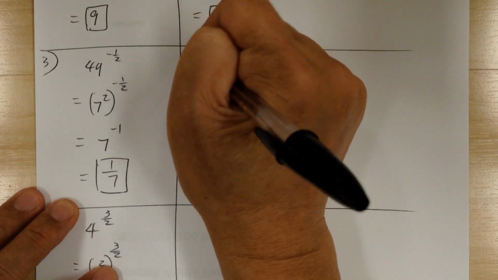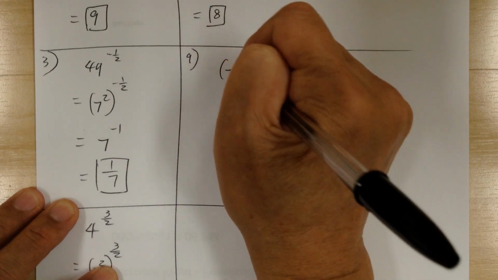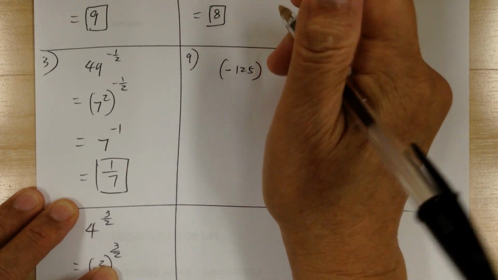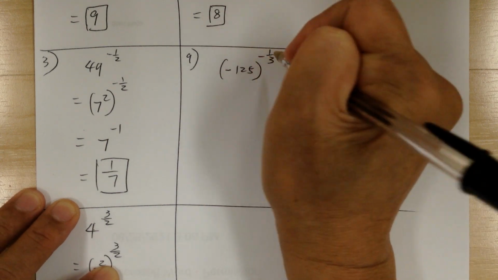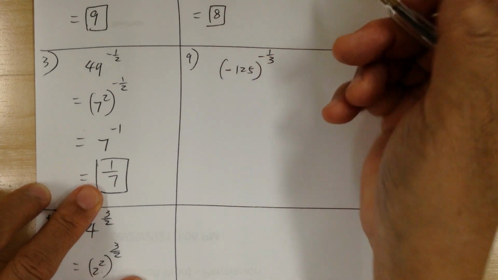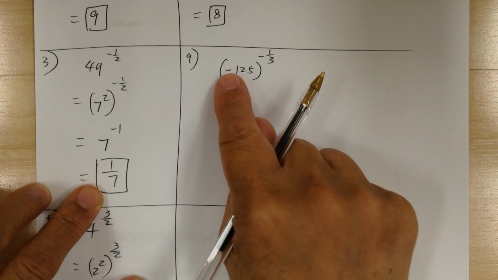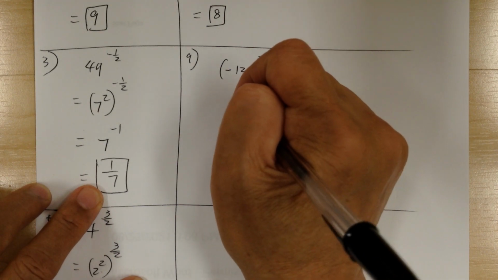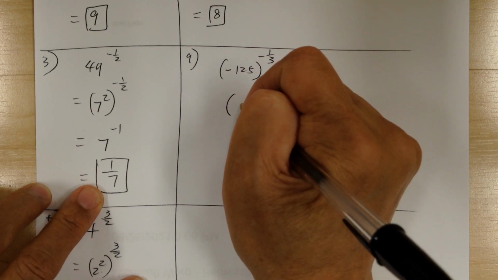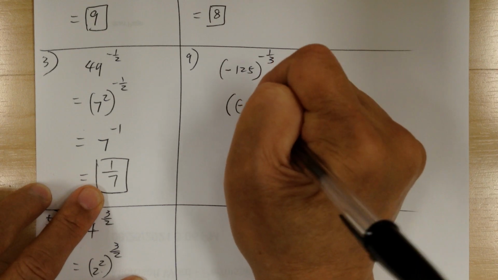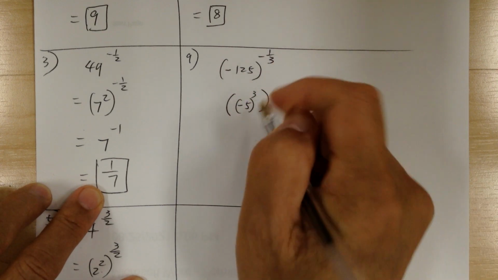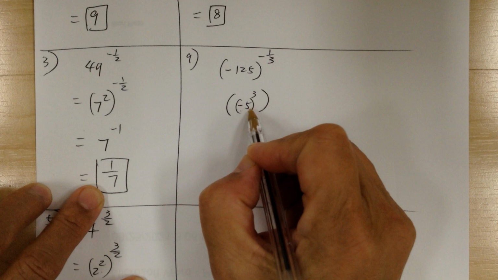Number 9, you have negative 125 to the negative 1/3 power. You have to be careful with the negative. We're going to have negative 5 to the 3 power. So make sure you have the parentheses around the negative.